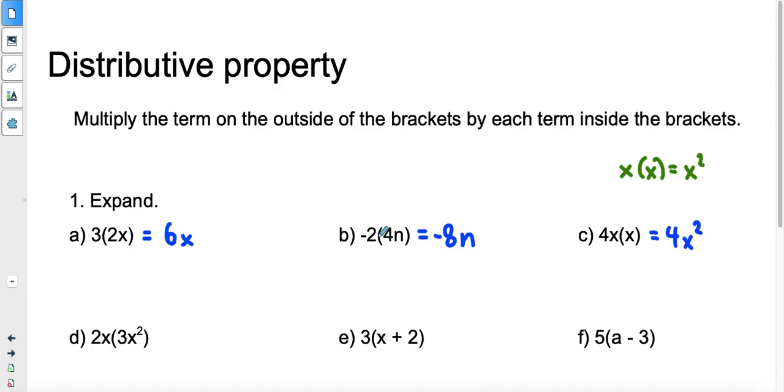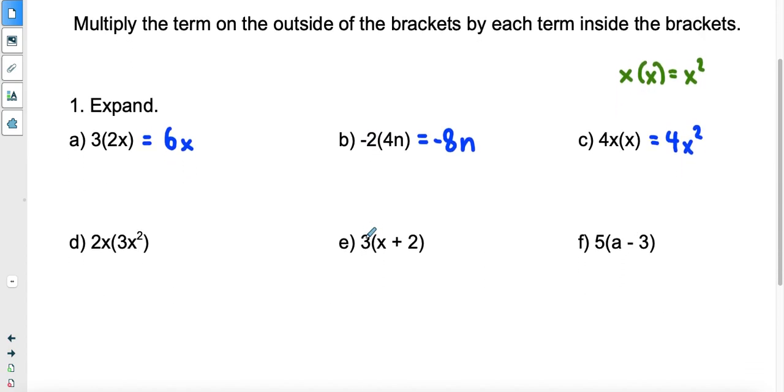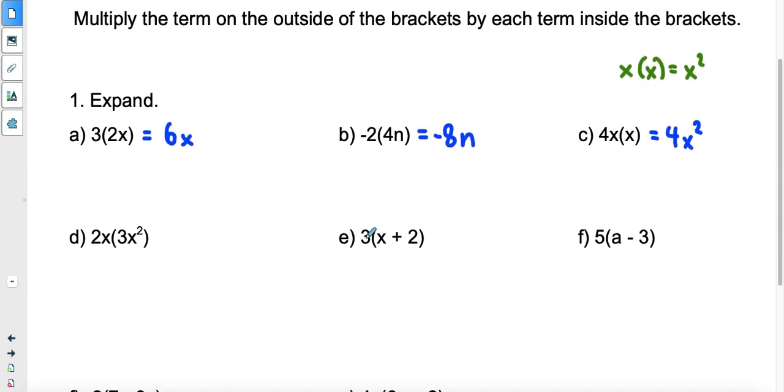Part D, 2x times 3x squared. Well, one way I can do this is by expanding this expression out. So something we know is we have an x squared here, and we're multiplying 2x by 3x squared. X squared is the same thing as x times x.